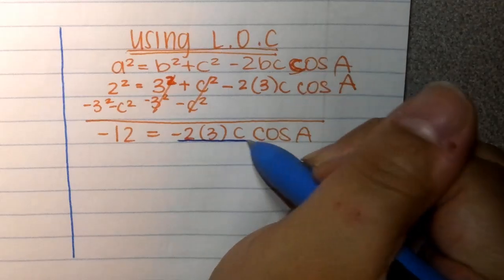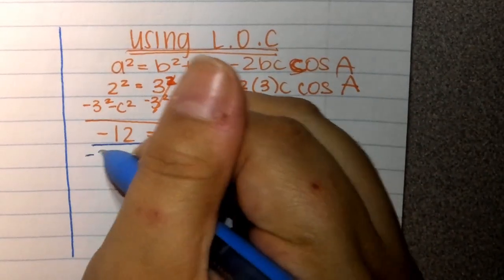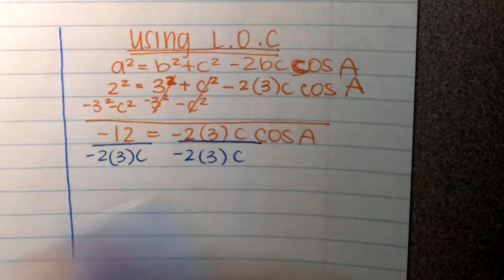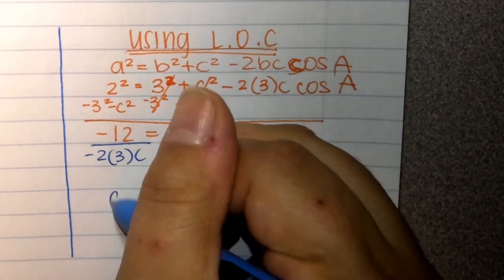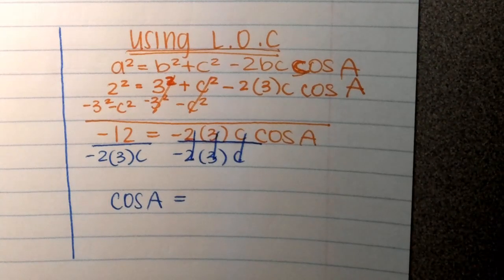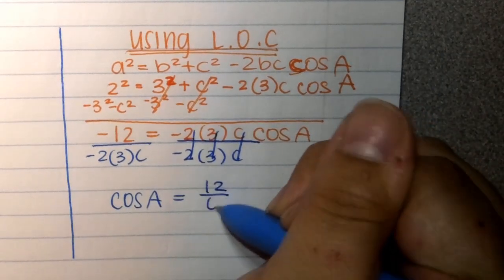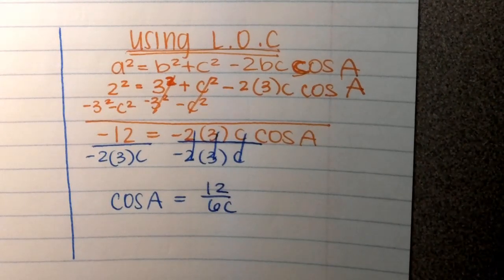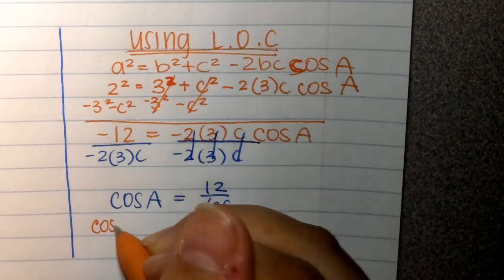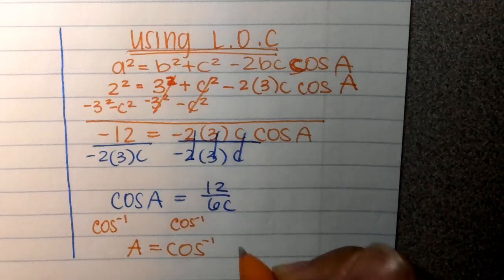Now I can divide these because they're all multiplying. So my cosine of A, what's a negative divided by a negative? A positive. Do y'all agree that's going to give me 12 over 6C? And then inverse cosine. So A is the inverse cosine.